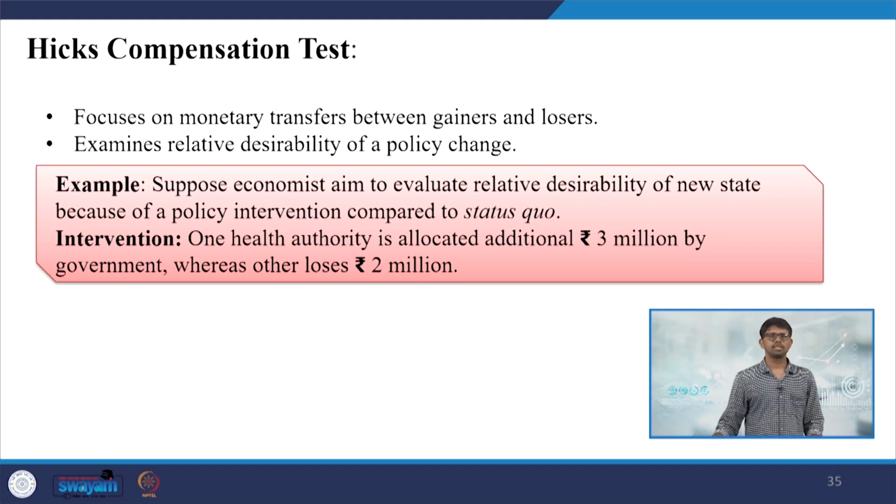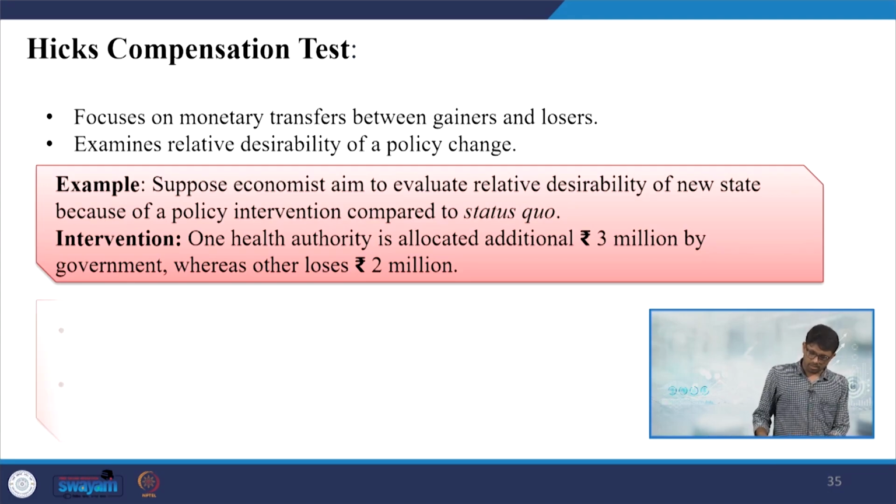The intervention in this case is that one health authority is allocated a higher amount, that is an additional 3 million rupees by the government, whereas the other has a loss, it is cut off from that allocation. Hence, there is a loss of 2 million rupees.